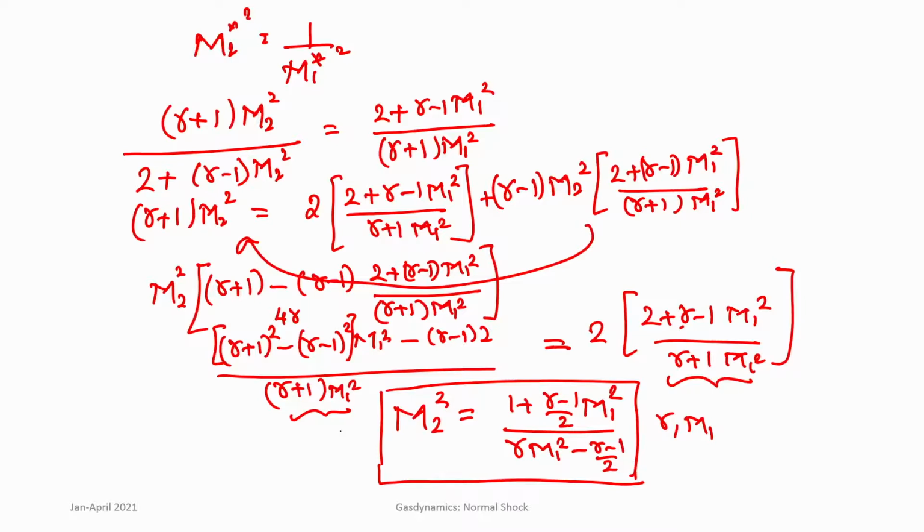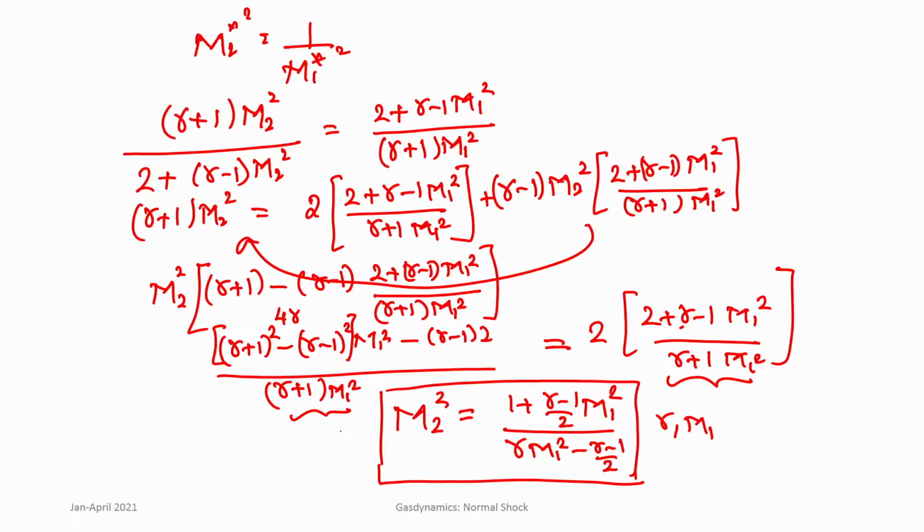If you know the gas, then gamma is known. So then the downstream conditions of the shock become only functions of upstream Mach number. So now, since we know the relation between downstream Mach number and upstream Mach number, we can use this to relate all other flow variables.